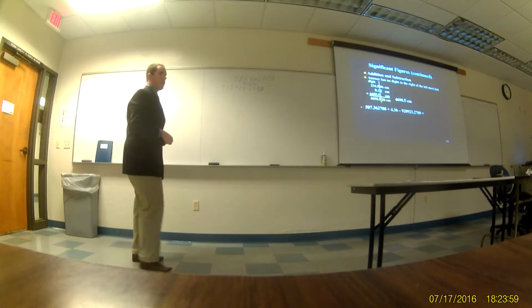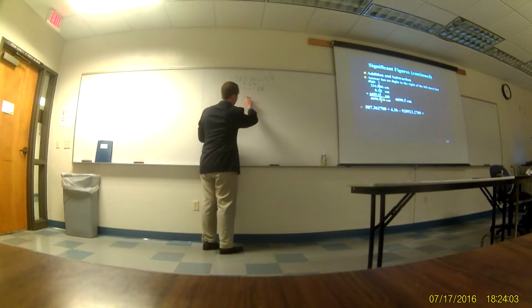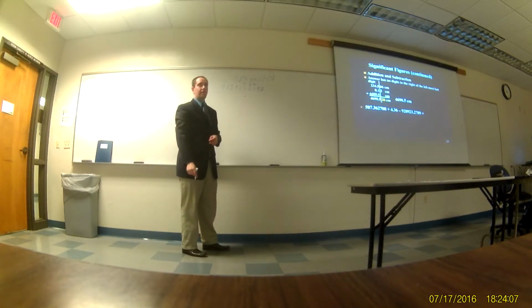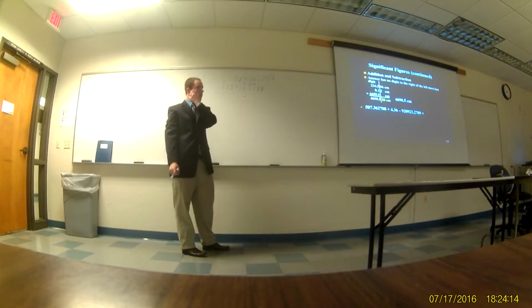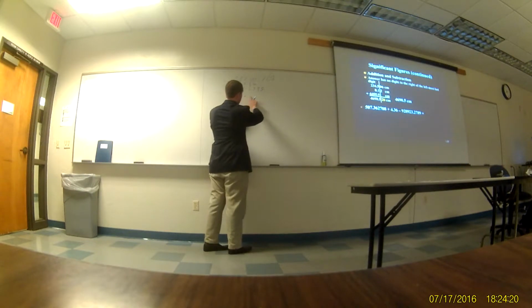So once you got it, I'm going to put a decimal point here. Somebody read me the numbers going to the right of the decimal. Start with the decimal and go to the right. 562. 556.